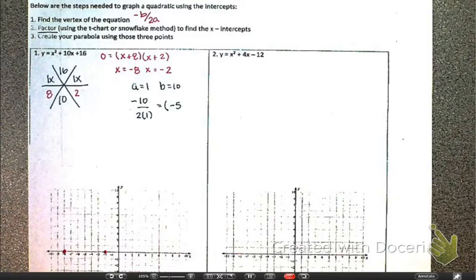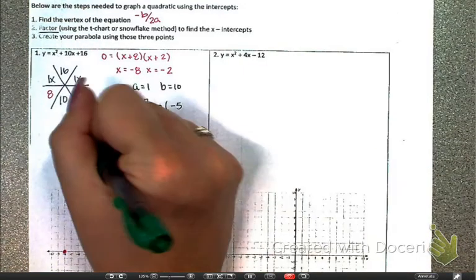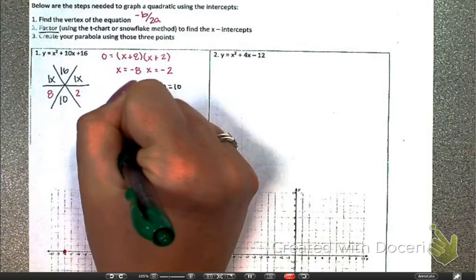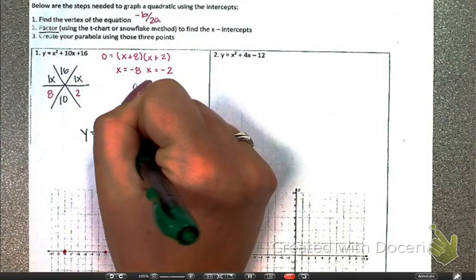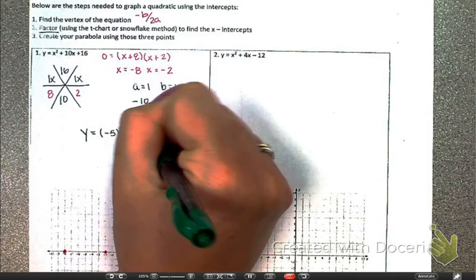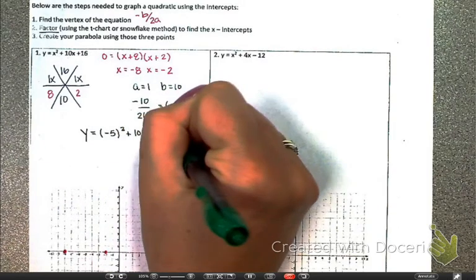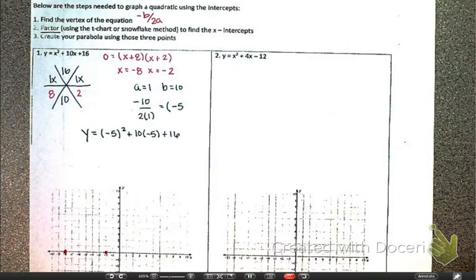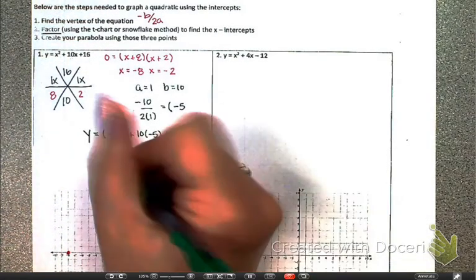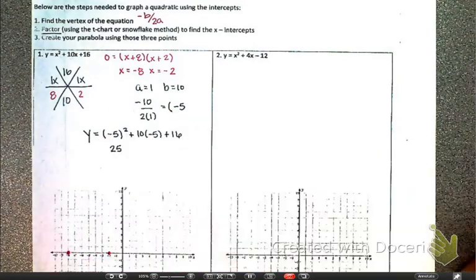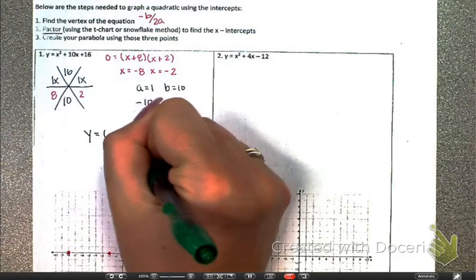And how do we get y? Plug it in. So y equals negative 5 squared plus 10 times negative 5 plus 16. Negative 5 squared, 25. 10 times negative 5, negative 50, plus 16.